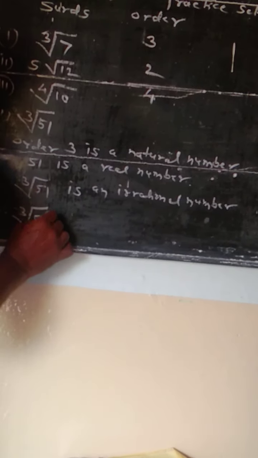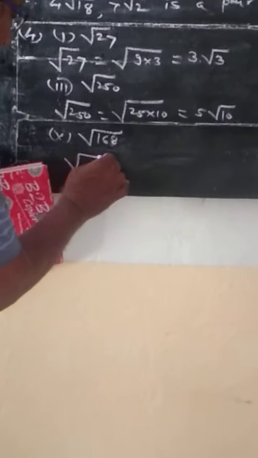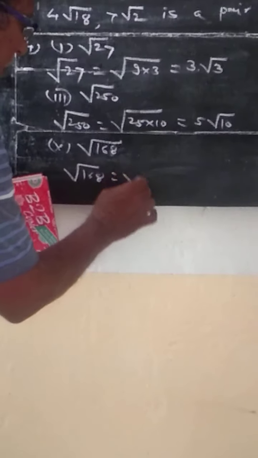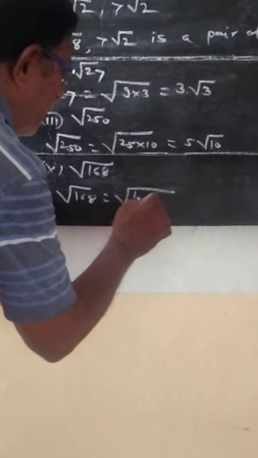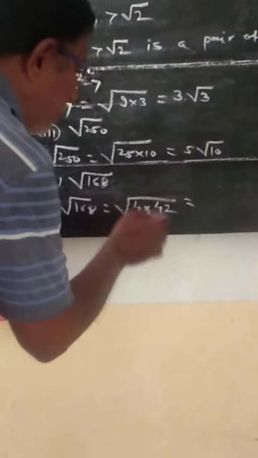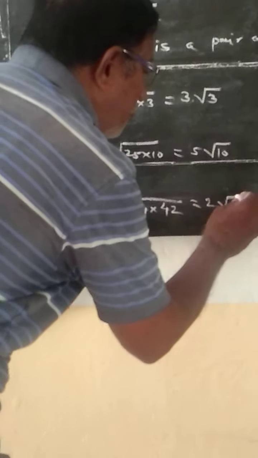Then the fifth one is root 168. The factorization of 168 is 4 times 42. We can take the square root of 4, which is 2, giving 2 root 42.